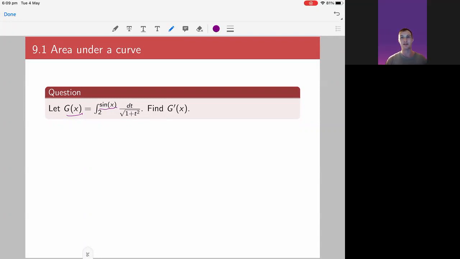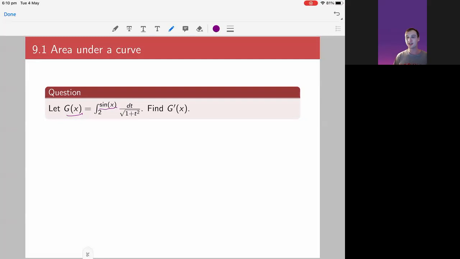What other piece of calculus machinery do we need access to? Chain rule. Yes, that is absolutely correct. We need the chain rule.